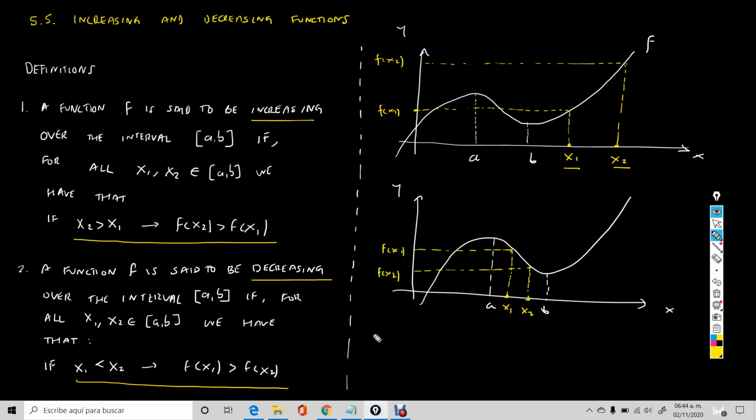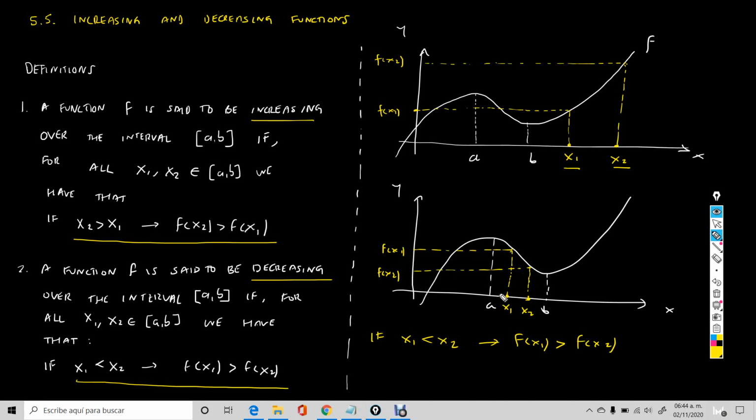We can clearly see that f of x1 is greater than f of x2. So in this case, if x1 is less than x2, which in fact is the case, then f of x1 is greater than f of x2. You see, f of x1 is greater than f of x2.